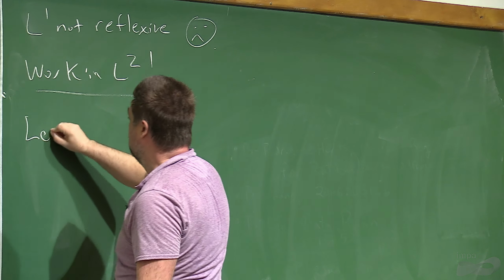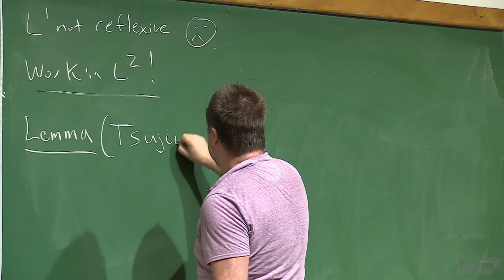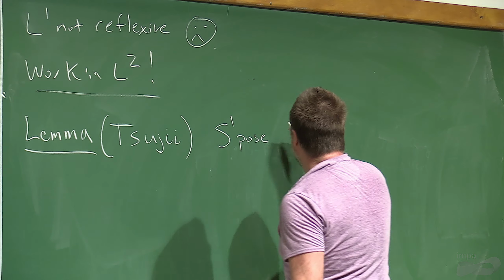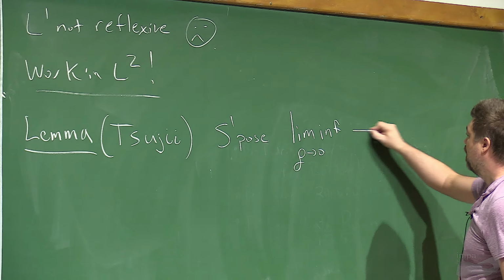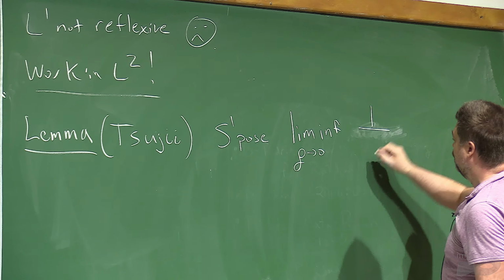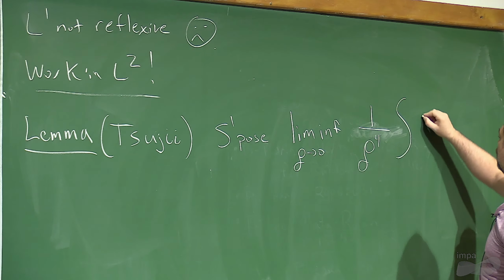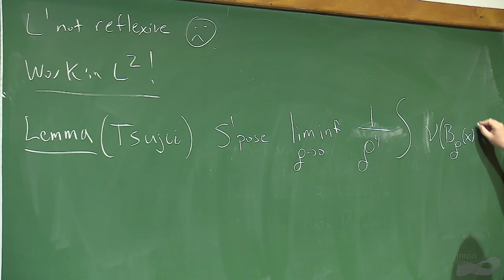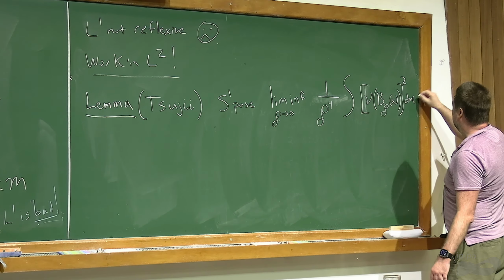And so here's the lemma. This is in Tsuji's paper. And it says the following: suppose that the lim, and I don't even need the lim sup, I don't need the sup, all I need is the lim inf, as rho goes to 0, of 1 over rho, and now instead of rho squared, it's rho to the 4th because I'm doing something in L2, the integral of the mystery measure of the ball of radius rho centered at x, but now squared, and I integrate with respect to x.